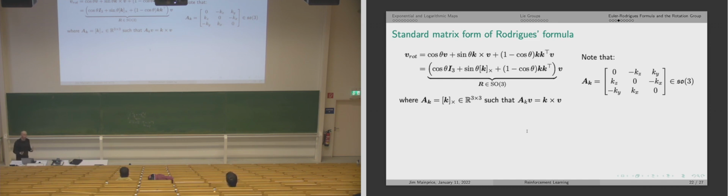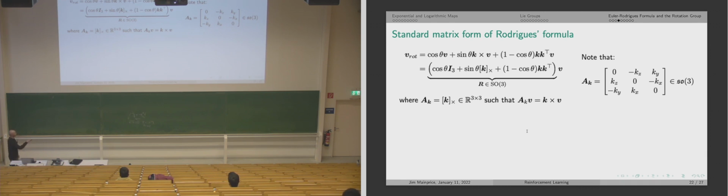So the skew-symmetric matrix is the type of matrix such that, if we multiply a vector by it, we basically get the cross product between that vector and the one that composes the skew-symmetric matrix. Remember the skew-symmetric matrix only has 3 degrees of freedom, so it's a 3 vector.